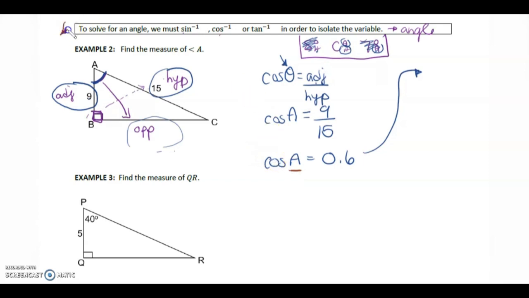And this is when this little cheat, this little note up here, comes into place. In order to get rid of cos, we need to cos inverse both sides. So the cos and the cos inverse cancel out, and we're left with A equals, if you want to rewrite it, cos inverse 0.6 in our calculators, which gives us 53 degrees.